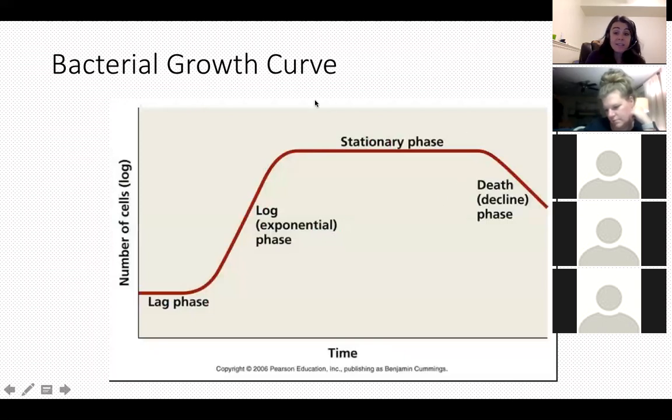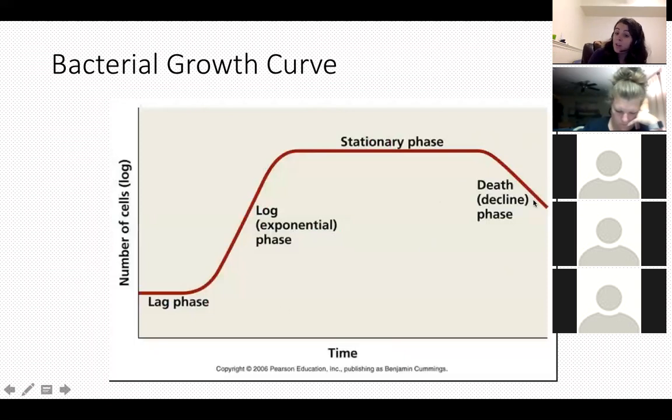And it'll hang out in the stationary phase for a while, but eventually food is going to start to become scarce and waste products are going to start to build up. And then you're going to enter this death or decline phase, and the bacteria are going to start dying faster than they're dividing, and your number of living bacteria is going to drop.